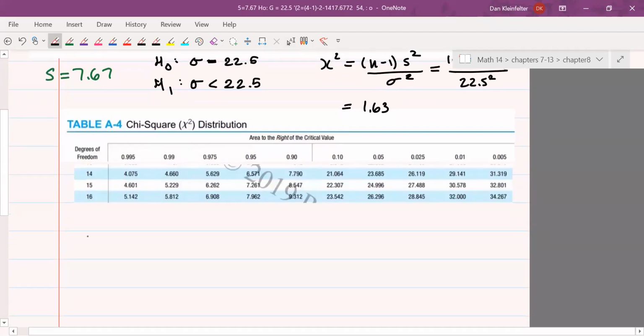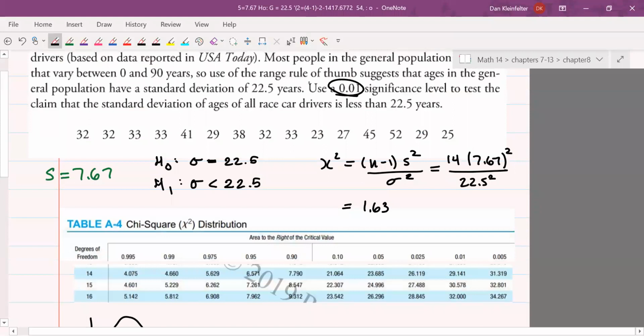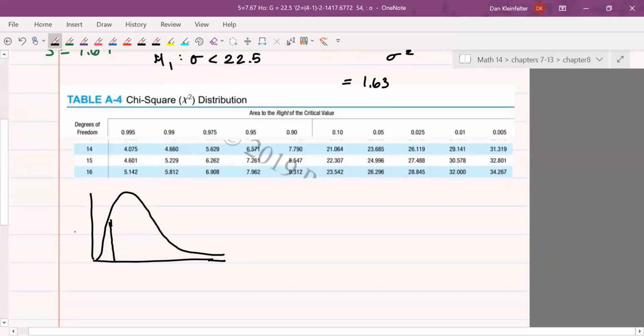Okay, little picture. This one is less than in the alternative hypothesis. That will make it a left-tailed test. We're to use a 0.01 significance level.